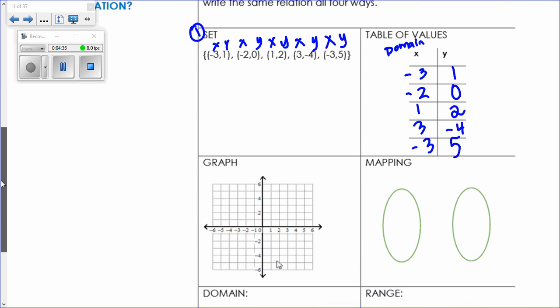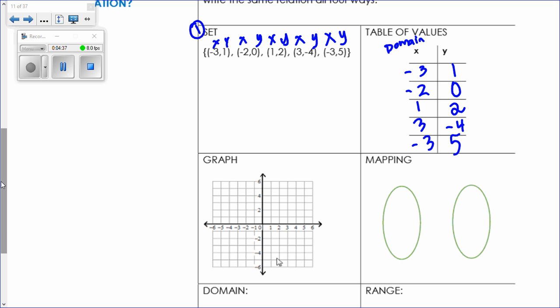Now, what happens when I'm asked to graph these ordered pairs? I like to put directions when I'm graphing each point, and I'll show you what I mean. For -3, 1, I'm going to go left 3, up 1, make my point. Then I go left 2, and I don't go up. Second point.